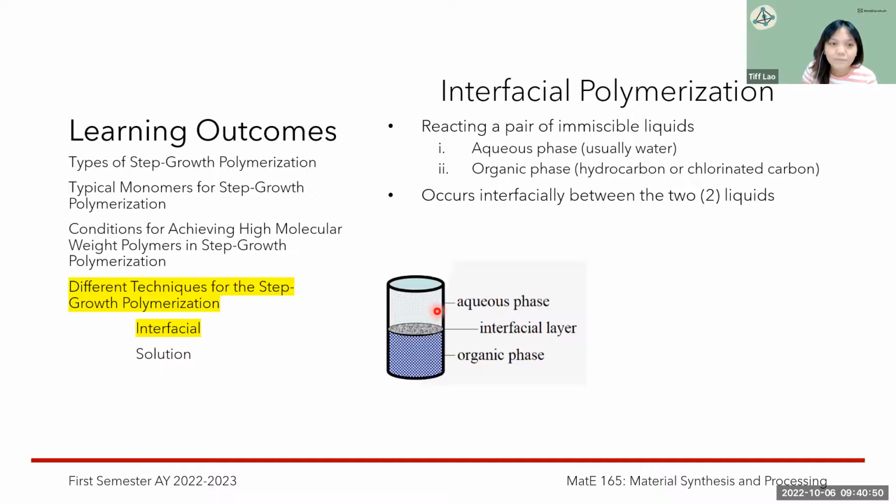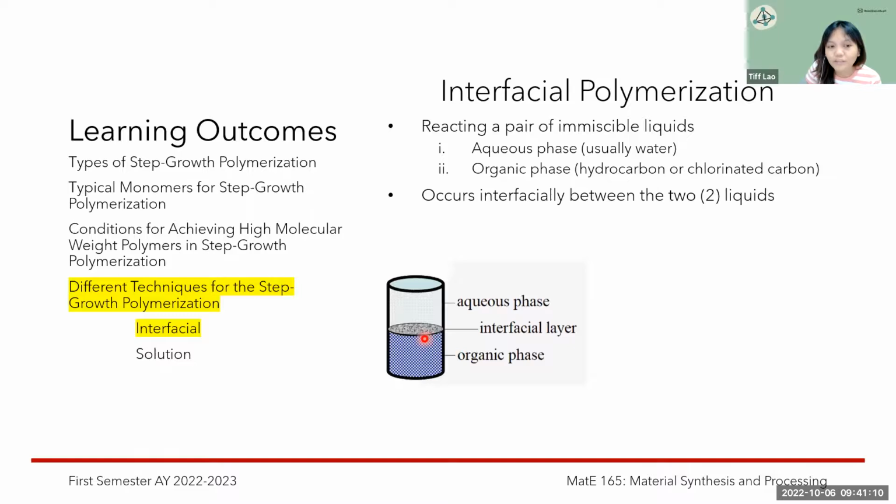Again, yung interfacial polymerization, meron kang dalawang immiscible liquid, aqueous at saka organic. Tapos each phase niyan may monomer. Tapos sa gitna sila nag-react, nandyan yung polymer mabubuo.